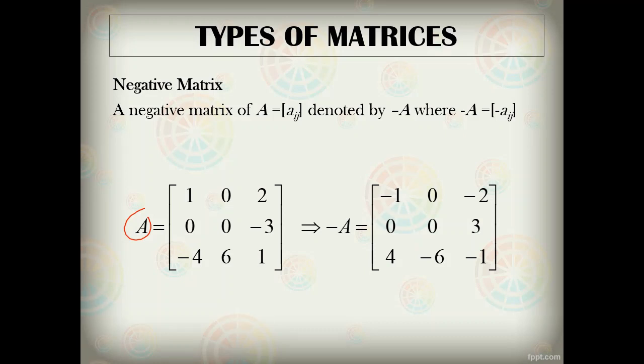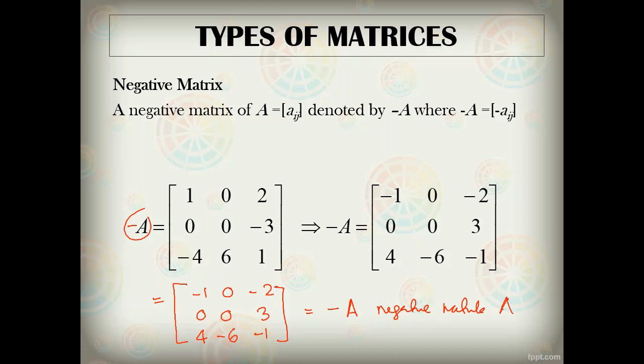You just multiply negative to matrix A, and you get -1, 0, -2, 0, 0, negative times negative will be positive 3, negative times -4 will be positive 4, and negative times 6 is -6 and -1. This is negative matrix A.